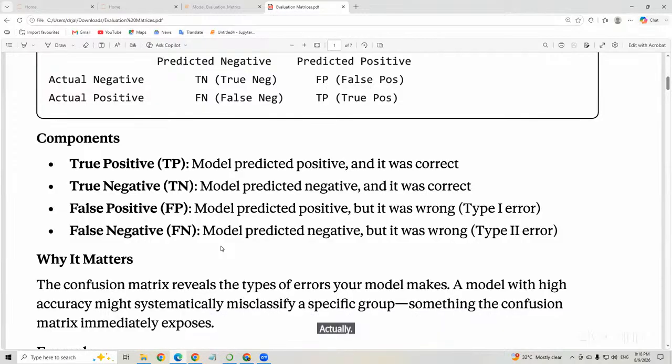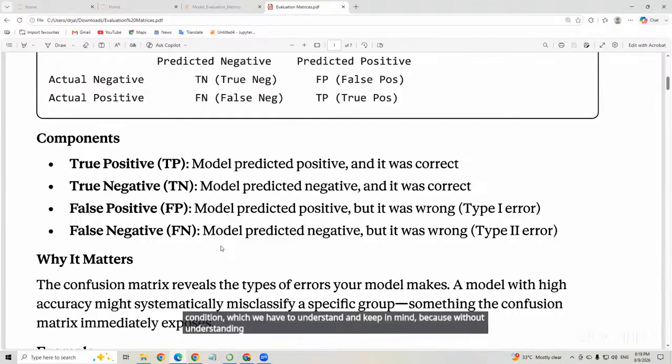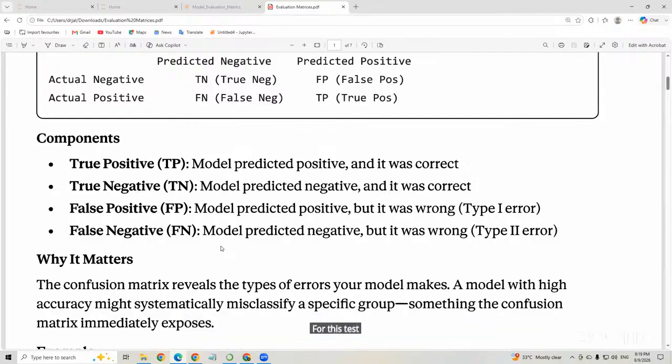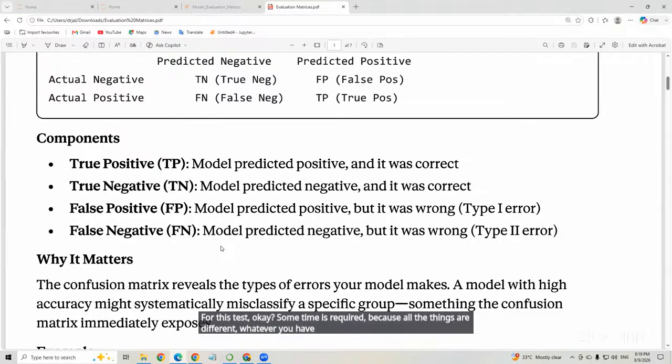The main thing is every test has some property, concept, condition, which we have to understand and keep in mind, because without understanding, some time is required for each test, because all the things are different from whatever you have studied previously.